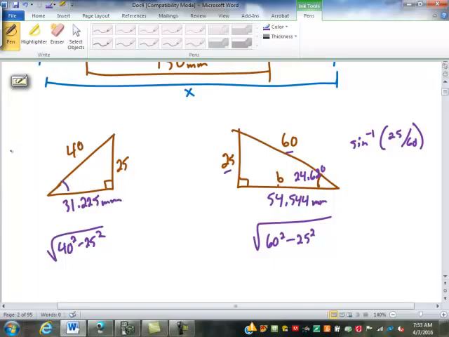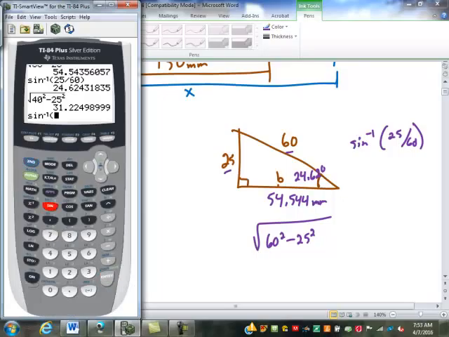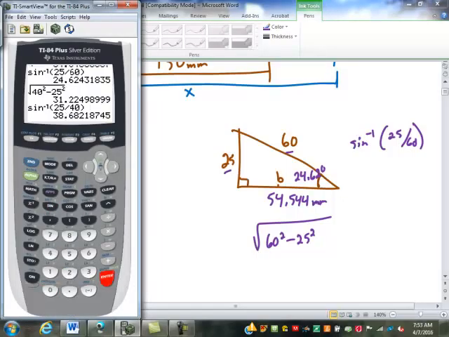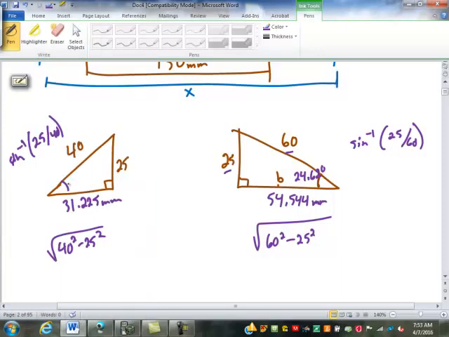This angle here will be the inverse sine of 25 over 40, which is 38.68 degrees.